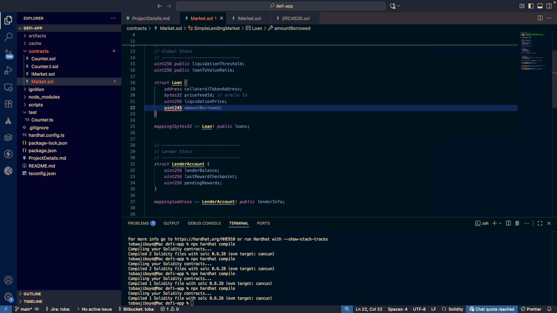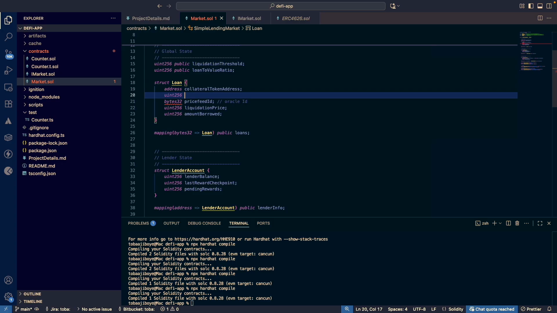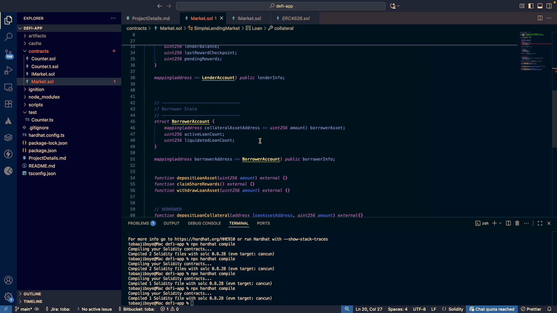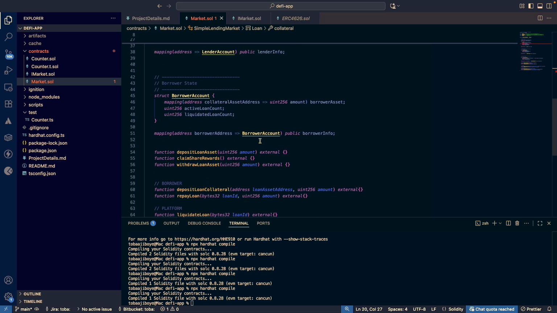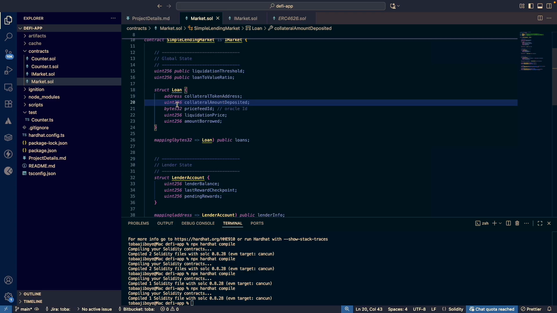Okay, and then there's something I left out here. uint256, this needs to be collateral amount deposited. Why is this important?